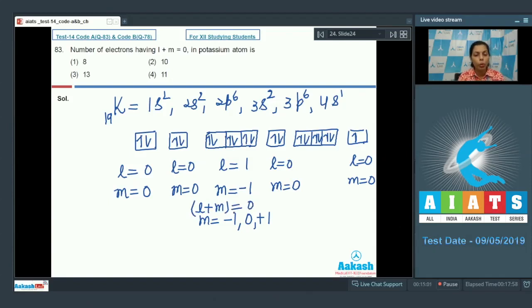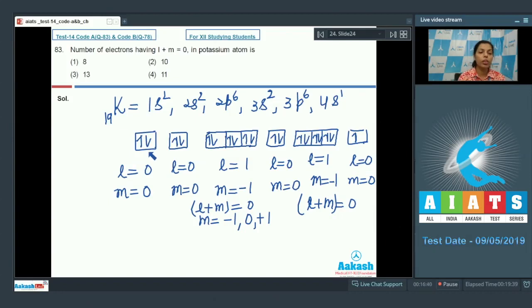It means one orbital is showing an M plus L value of 0. Similarly, here also L is 1 and M is minus 1. So what would be the value of L plus M? That is 0. And if it is 0, it means one more orbital is showing that. So the total number of orbitals showing this case is 1, 2, 3, 4, 5, 6.